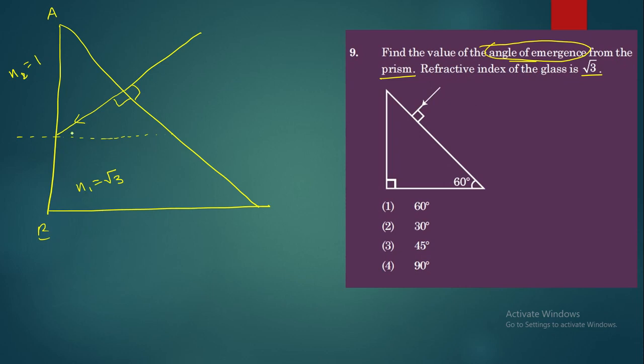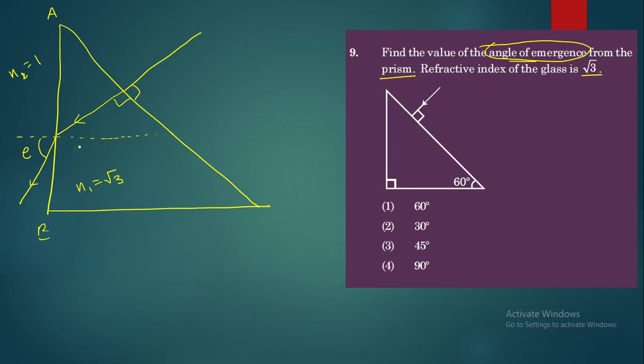So it is going from the denser medium to the rarer medium, therefore the light will bend away from the normal, and the angle that it makes while it goes out from the prism is the angle of emergence. So simple, the angle of emergence is the angle made by the light with the normal when it goes out of the prism.